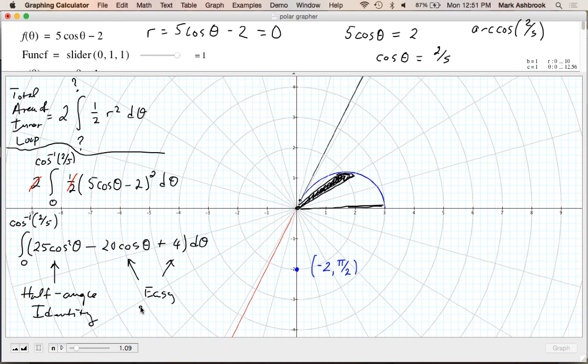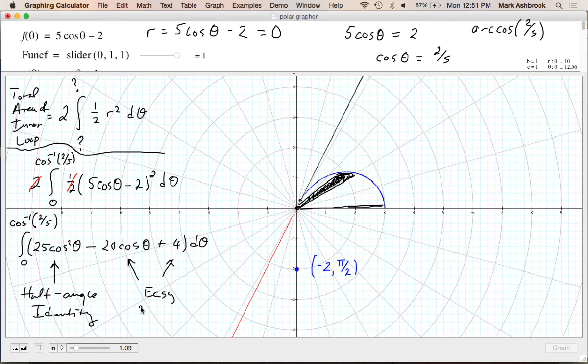That's how you do cosine squared or sine squared, with a half angle identity. But look for the chain rule first. Always look in trig integrals for undoing the chain rule first. But if it's just plain cosine squared or plain sine squared, remember that we do it with a half angle identity.